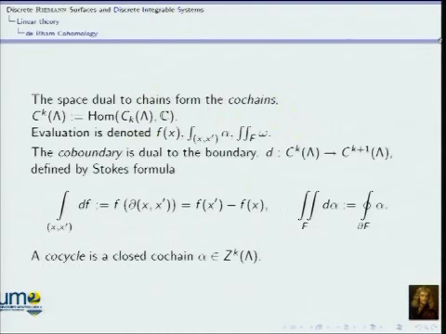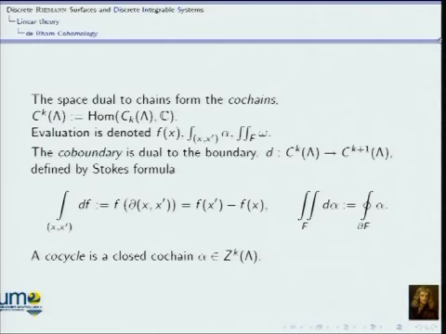Now you dualize that, and you look at the homomorphisms from chains to the complex numbers, and you denote the evaluation between a zero form and a zero chain by function notation, integral notations, and surface integral notations.